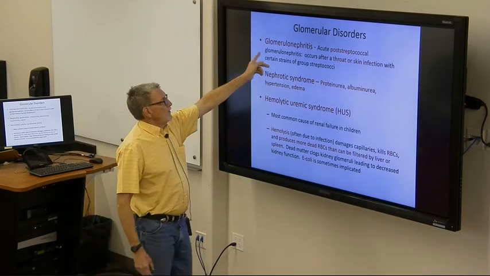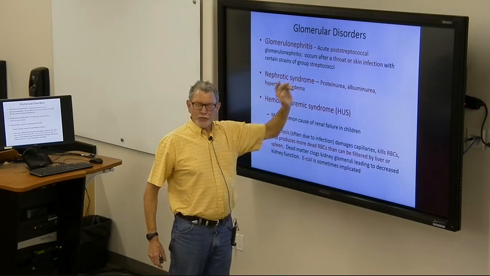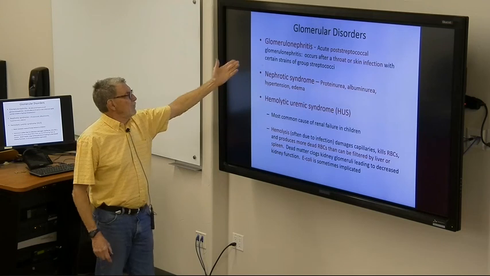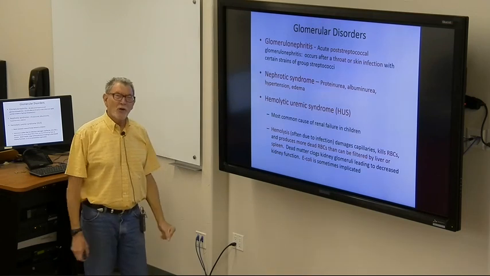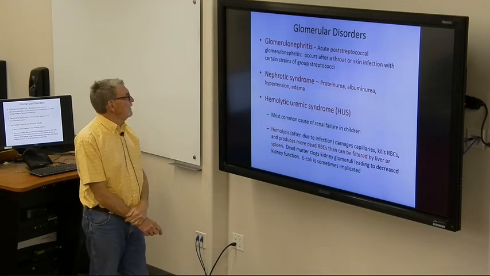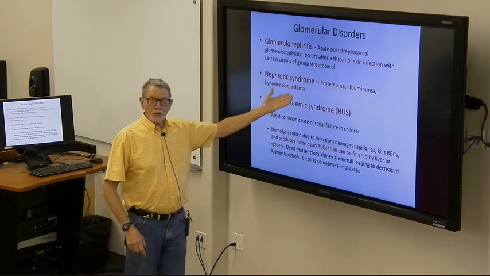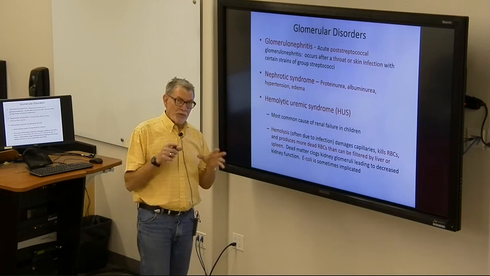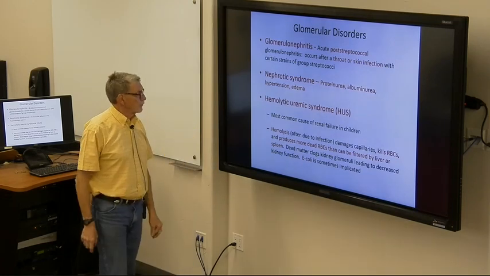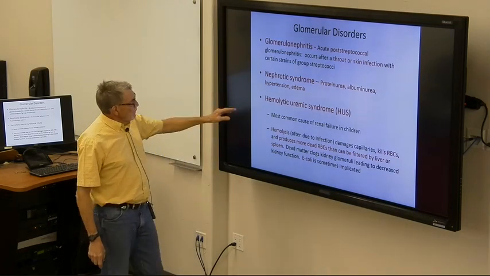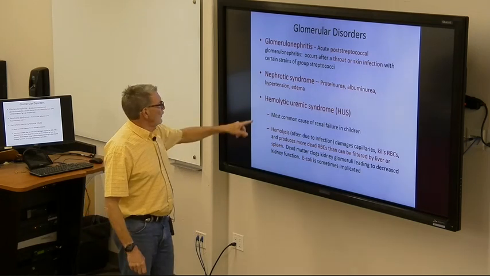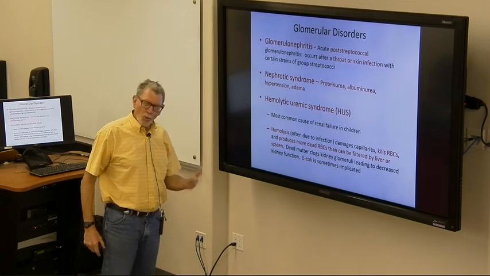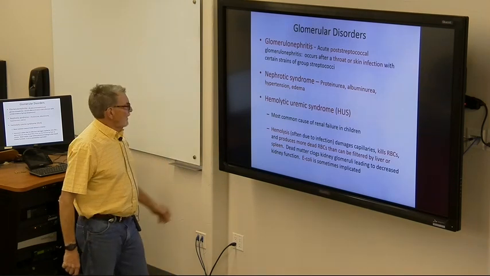Glomerulonephritis in kids, especially after strep throat, strep infections, skin infections, can make it to the kidney and cause an infection inside the kidney. Nephrotic syndrome, damage to the kidneys or insufficient kidney function from lack of development. Hemolytic uremic syndrome, the most common cause of renal failure in newborns and young children.